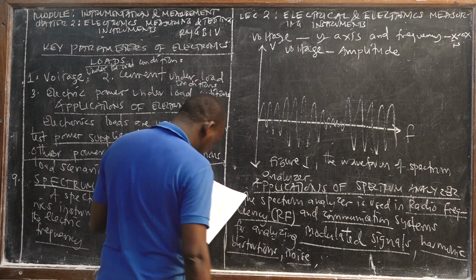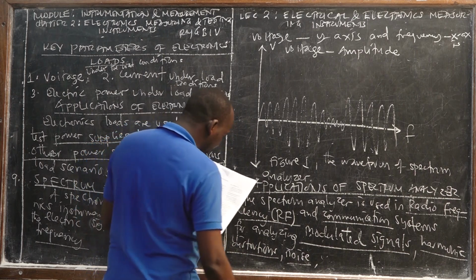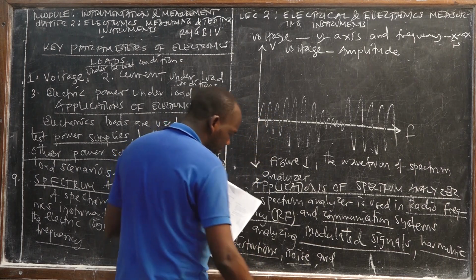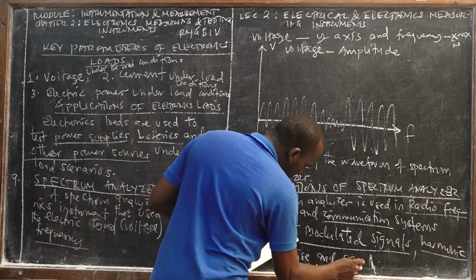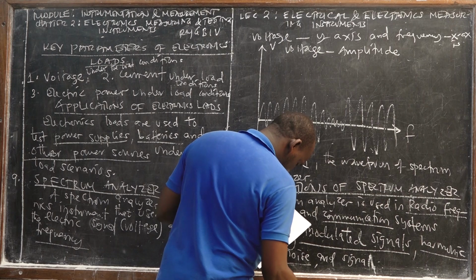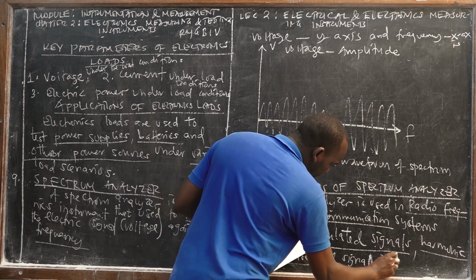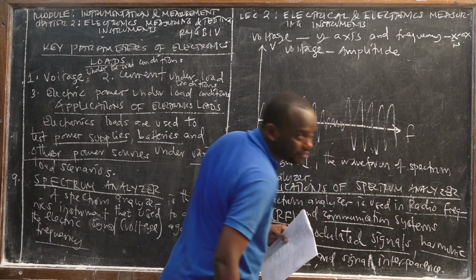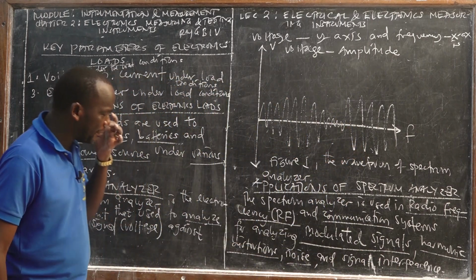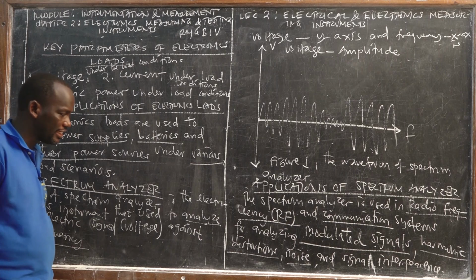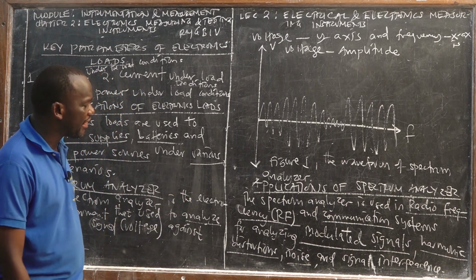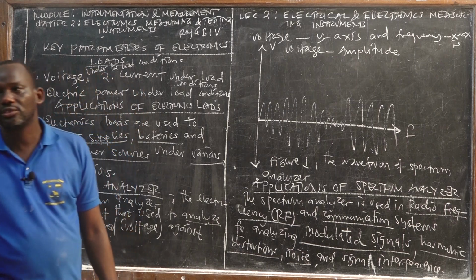As electrical engineers, because you'll be transferring electric signals, you might be dealing with noises and signal interference. So these are the applications of spectrum analyzer. The first one, the spectrum analyzer is used in radio frequency or RF. Say RF.